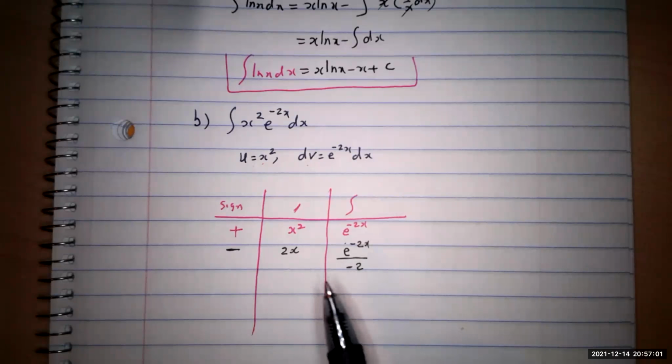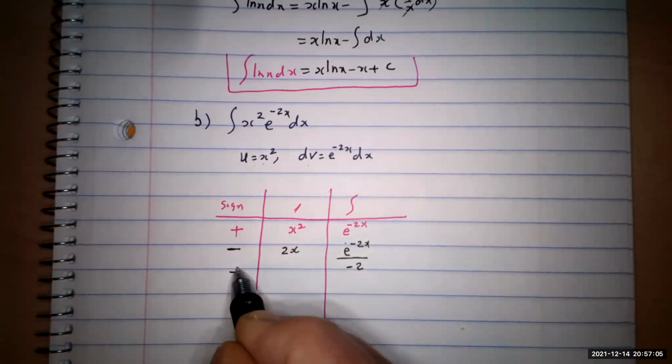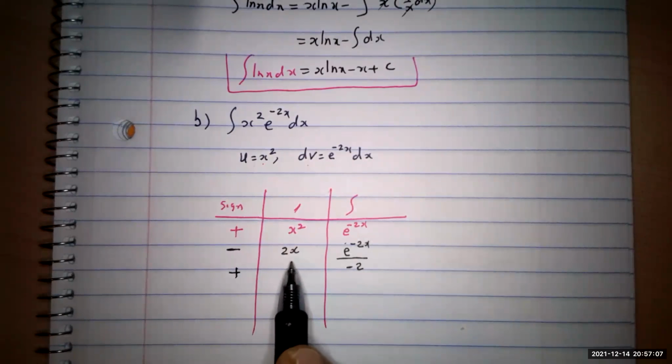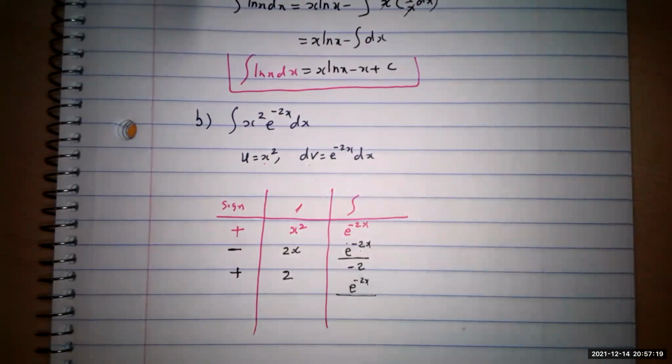Then you continue. This is a negative, so we get to the positive. We differentiate again, that gives us a 2. We integrate. The e function would be the e function again, that gives you e to the negative 2x, but you have to divide by a negative 2. But you got negative 2 already. So negative 2 times negative 2 would be a positive 4.